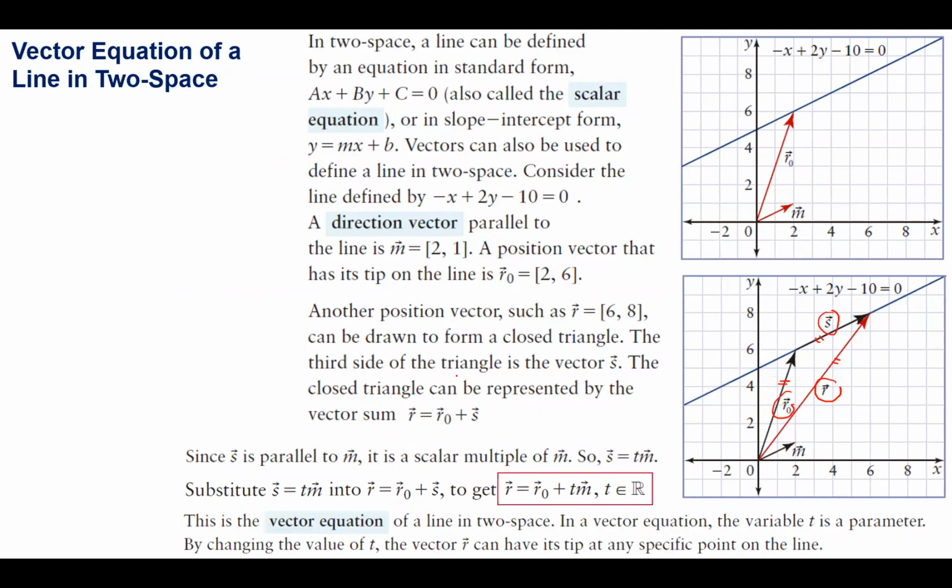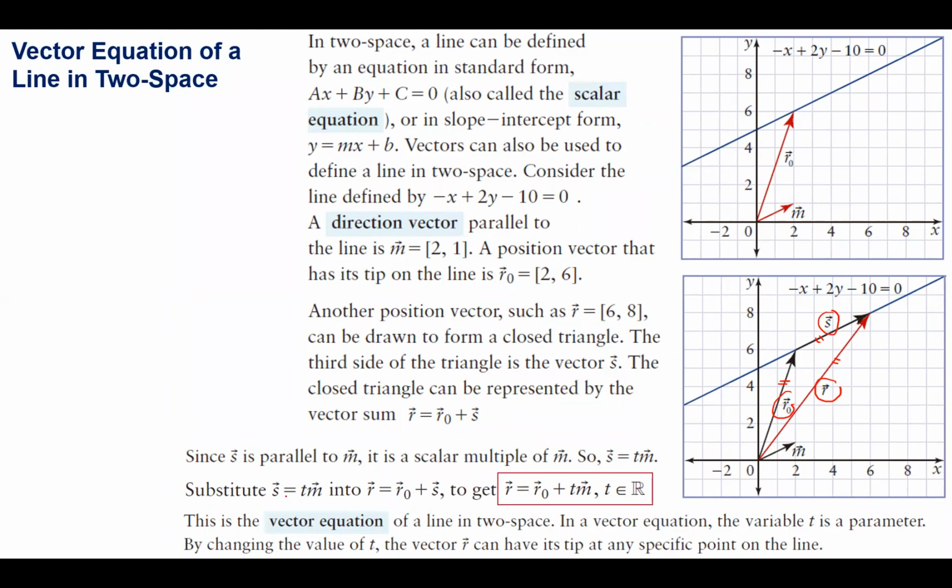Can you see that? Since vector s is parallel to vector m, it is a scalar multiple of m. So we know vector s can be represented by t times vector m, right? Where t belongs to the real number set.